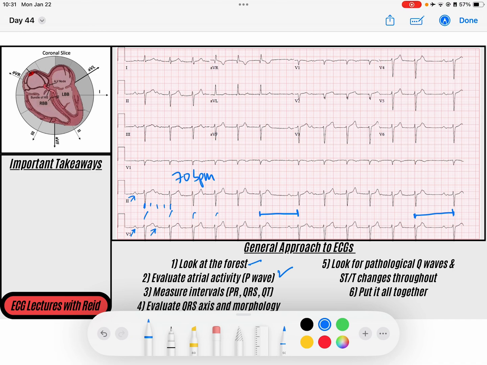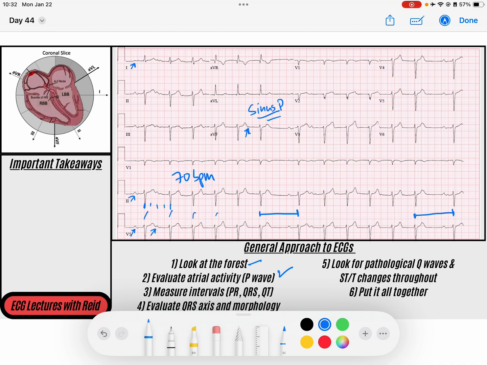My P wave morphology appears to be upright in lead 1, and in AVF maybe you can see it upright right at the end of that T wave. So I would say this is a sinus P. We'll talk about why the P waves are starting to disappear on us in a little bit. That's going to be part of the challenge of this rhythm.